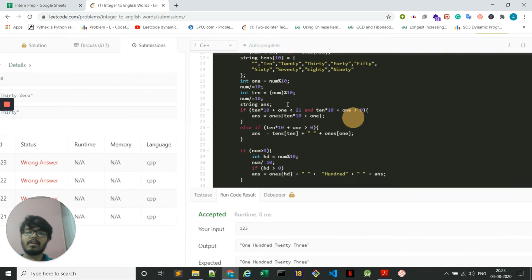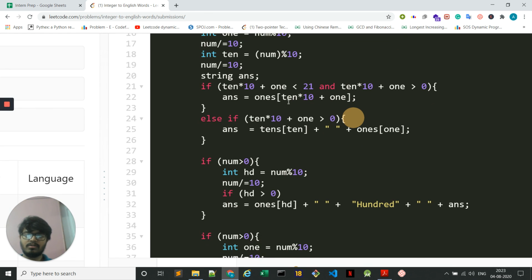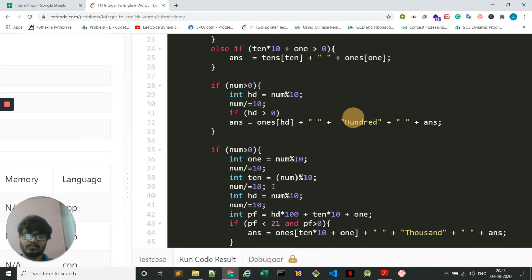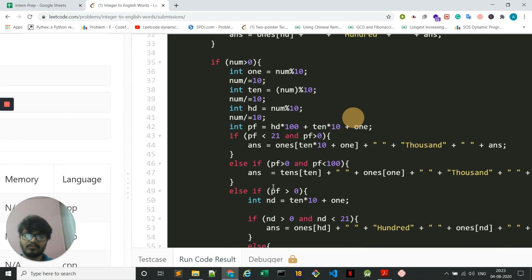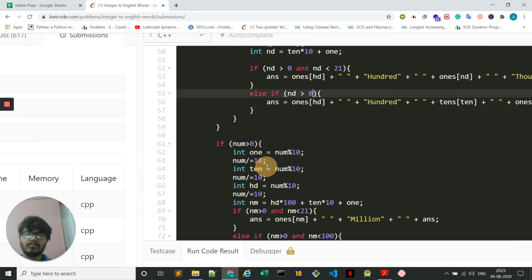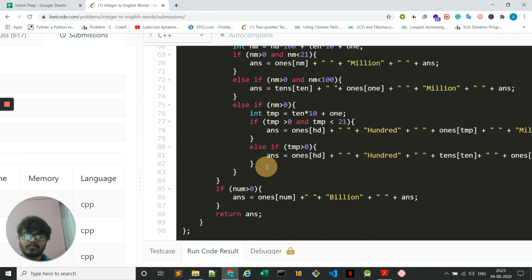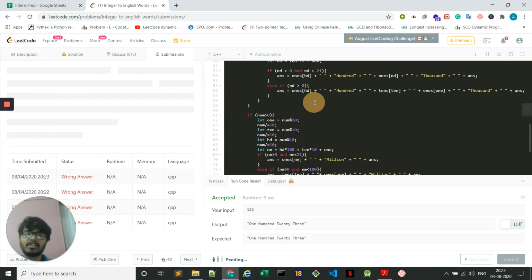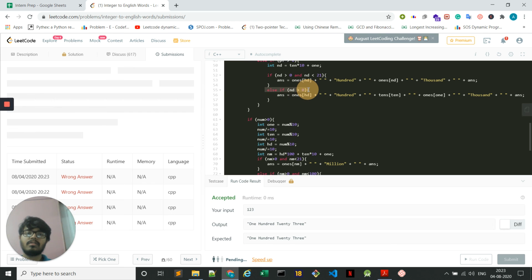Okay, I have missed somewhere that it should be greater than 0. I missed that greater than 0 check over here.